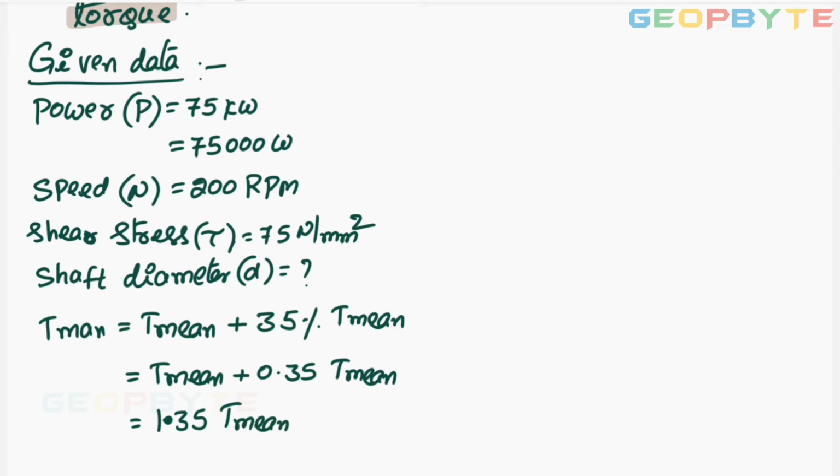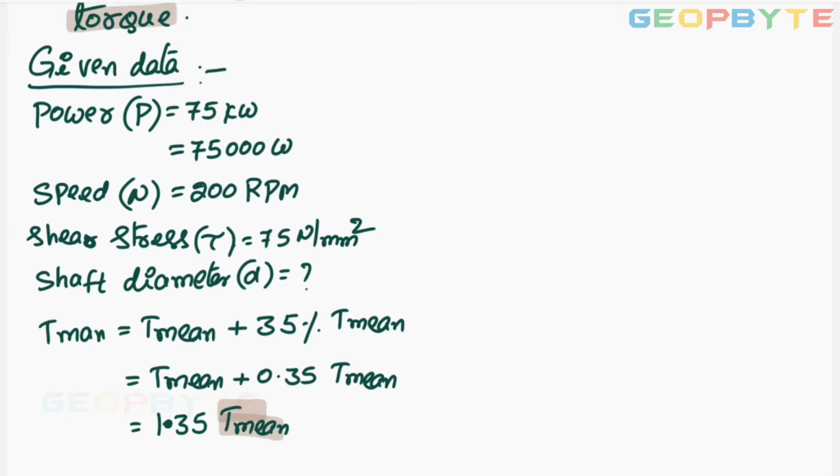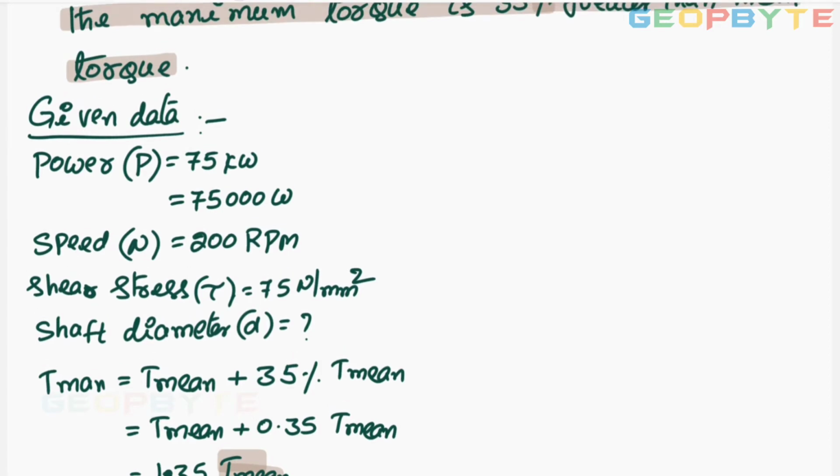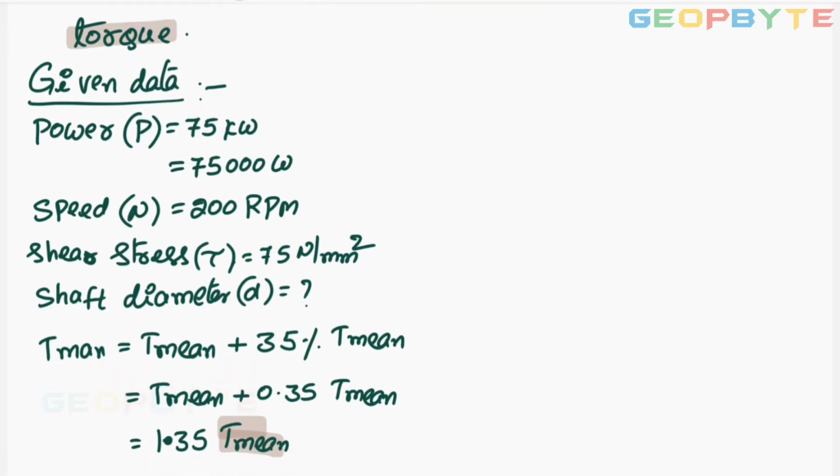Maximum torque is 35% greater than mean torque, and this mean torque can be found from the power. Remember, whatever torque we decide from the power is always a mean torque. Now let us solve the problem. First let us take the power formula.